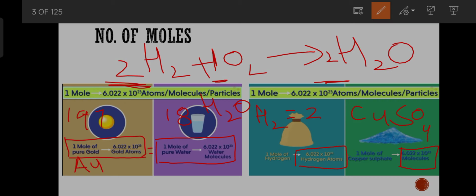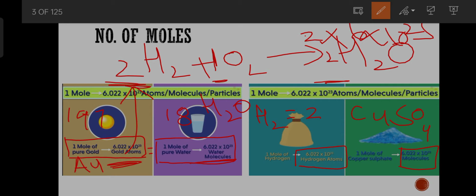For 2 moles of hydrogen, you multiply this value by 2, and for oxygen the number will remain the same. For 2 moles of water, you again multiply Avogadro's number by 2, and you will get the number of particles in different numbers of moles of the respective elements or molecules that you are dealing with.